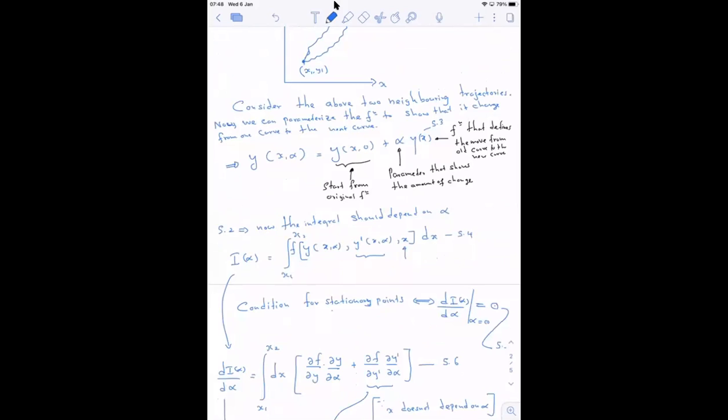That should be equal to η(x), right? Because when you differentiate equation 5.3 with respect to alpha, the first term y(x) at alpha 0 will be 0, because there are no alpha terms there, and η(x) is just a function of x only, which means when you differentiate with respect to alpha, the answer will be just η(x).